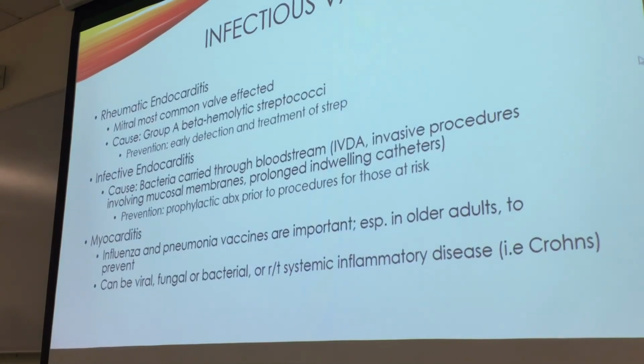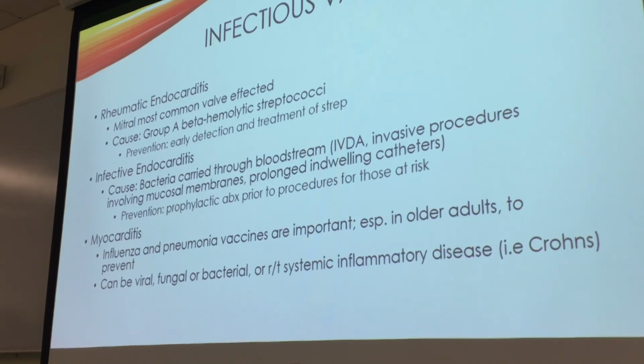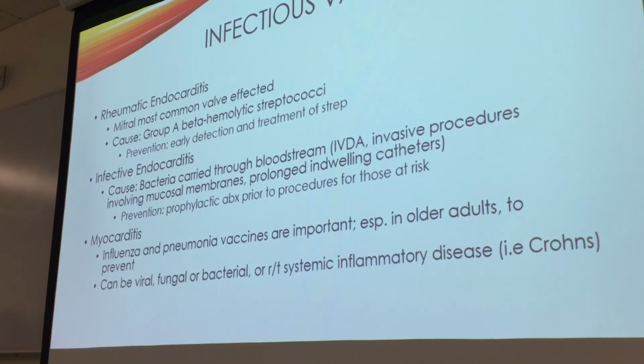And then infectious valve disorders. Infective endocarditis is probably the main one that you want to look at. The other two, not so much, because infective endocarditis is a huge risk factor of valve replacement. So for studying, I would focus more on infective endocarditis.